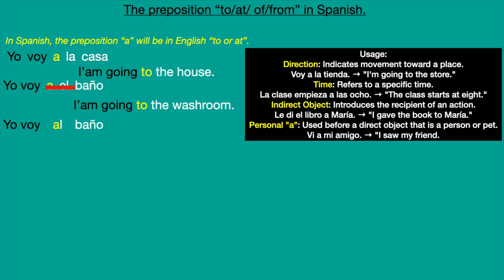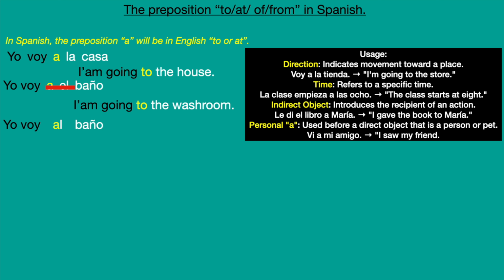Or "a las casas," or "a los amigos," or "a los barcos." It's only for "a el." So instead of saying "a el baño," we say "al baño."